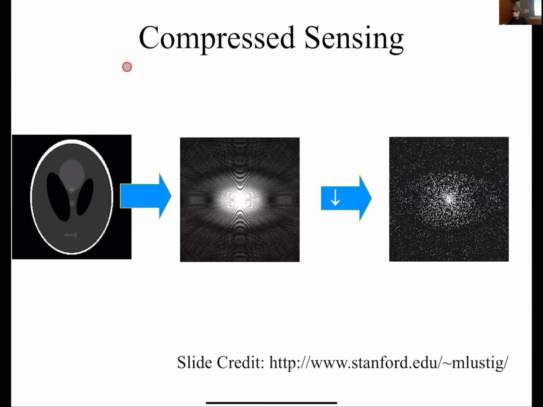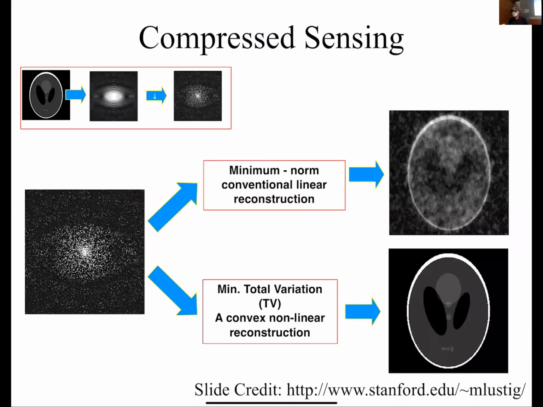So here's the idea. Here's our famous Shepp-Logan image that some of you played around with in your projects. Here's its Fourier transform. Let's assume we randomly downsample that Fourier transform. We just throw away, I don't know, 70% of the data in the Fourier domain. If I just do a minimum norm estimate, like what we were talking about, this is my reconstruction.